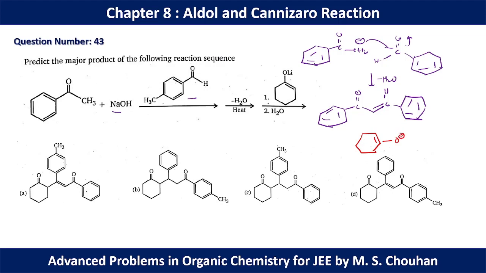Now this is a conjugate addition, so this O minus will come here, this pi bond will approach this position, this will come here, so finally we will get a situation like this, and after the tautomerism the final product will look like option C. So the final option is C.